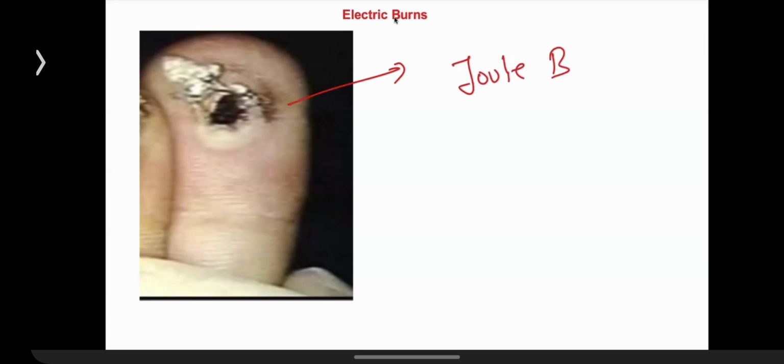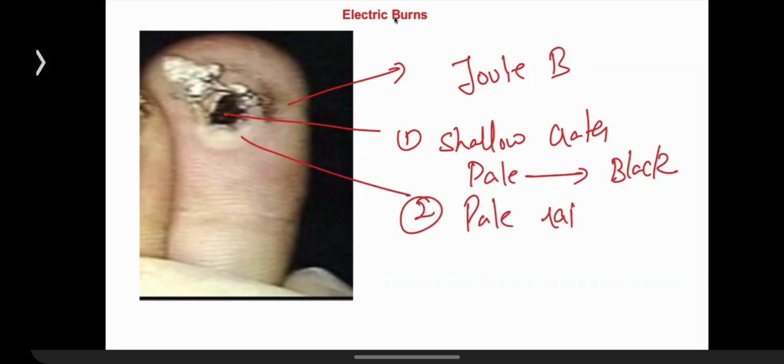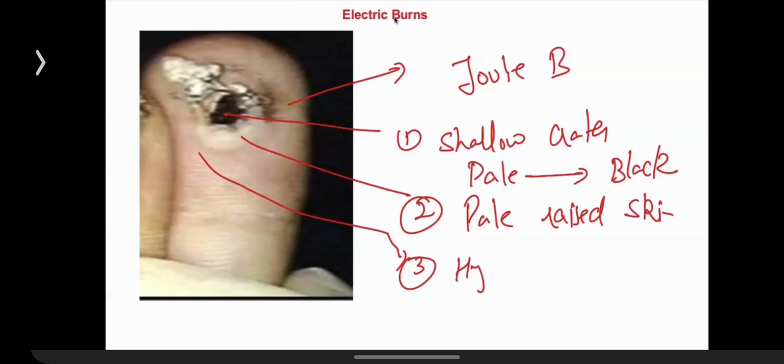Joule burn has three layers. The inner one is the shallow crater, which is usually pale, but if there is too much heat, it can become black, like in this photograph. Then outside this, there is pale raised skin. And then much further outside, the third is a zone of hyperemia.